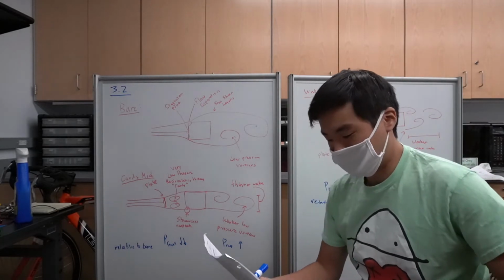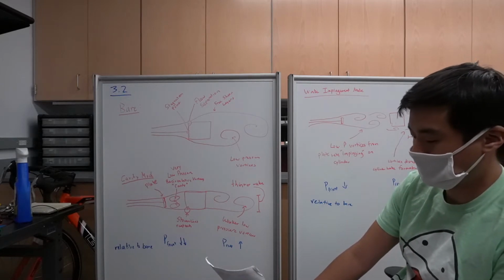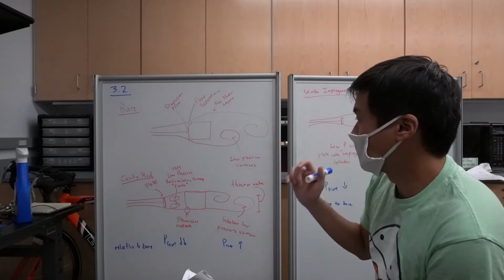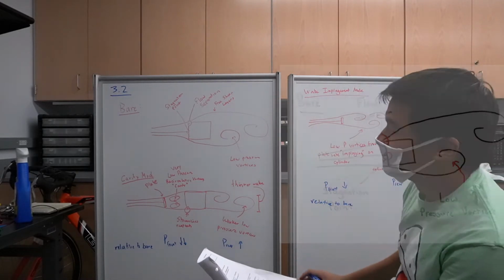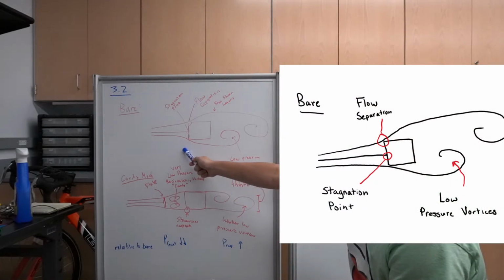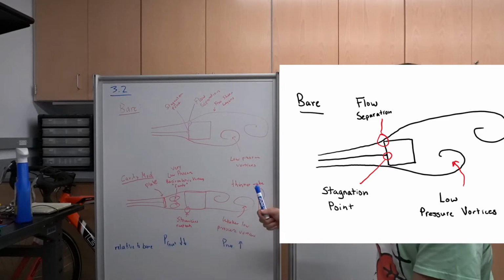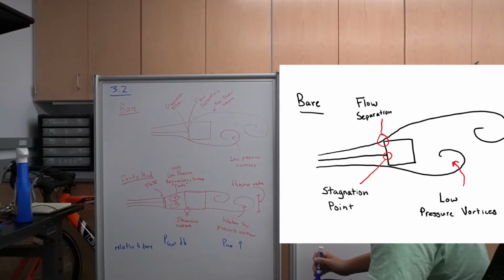First we're going to start with the third bullet point, basically talking about what the wake impingement and cavity mode are, before we discuss what it does to the drag. To begin, we're going to review what's going on in the bare cylinder case. Remember, we have our flow coming in, hitting the front face of the cylinder.